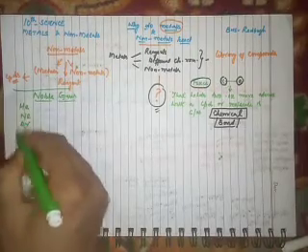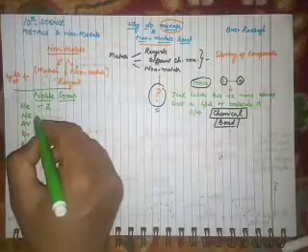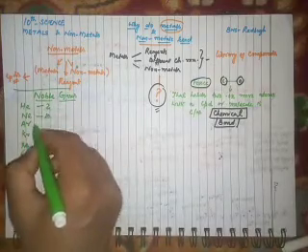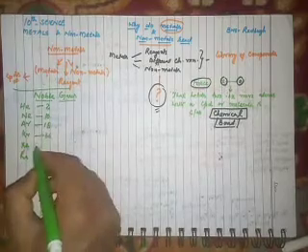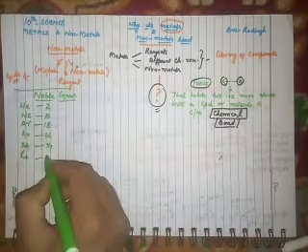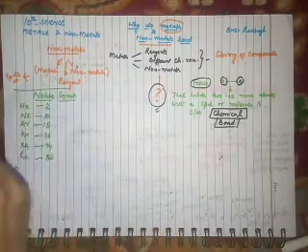These are the symbols of the elements, and their atomic numbers are: helium 2, neon 10, argon 18, krypton 36, xenon 54, and 86 is the atomic number for radon.